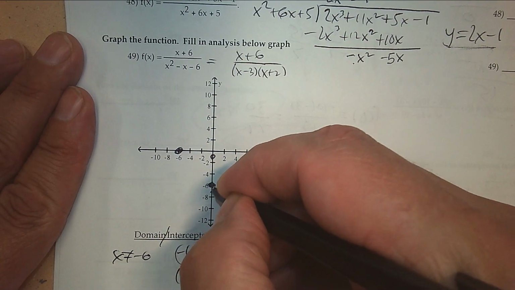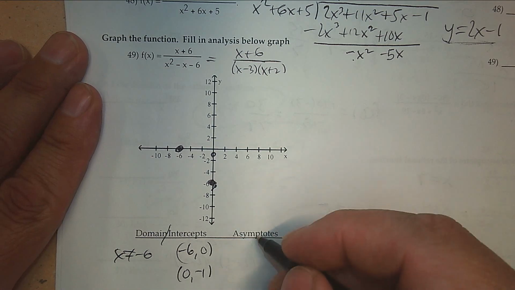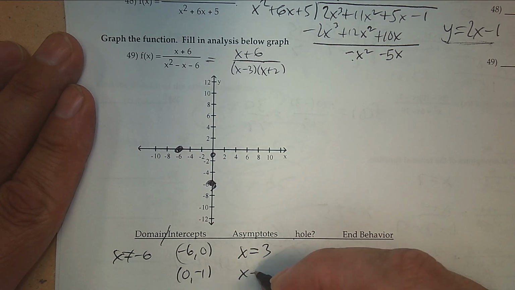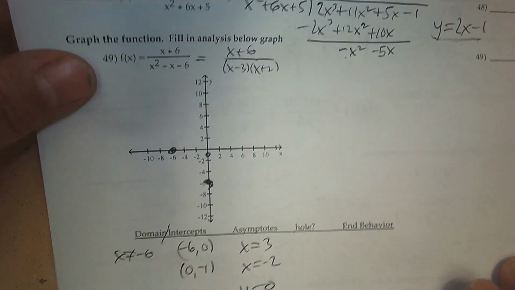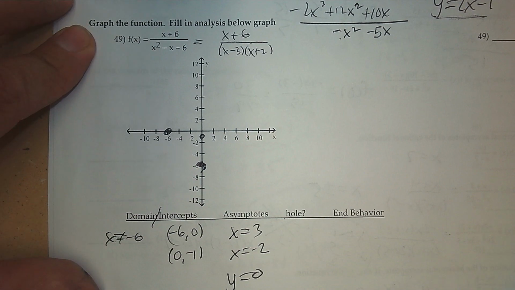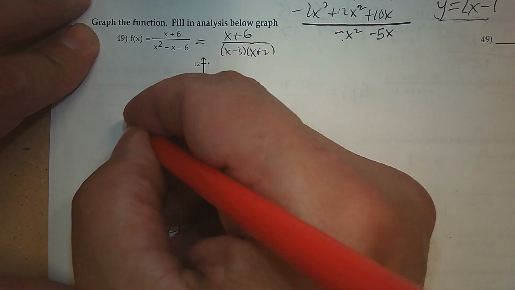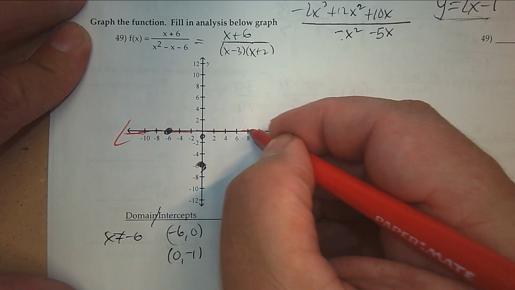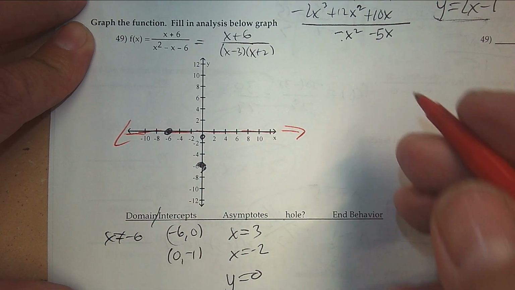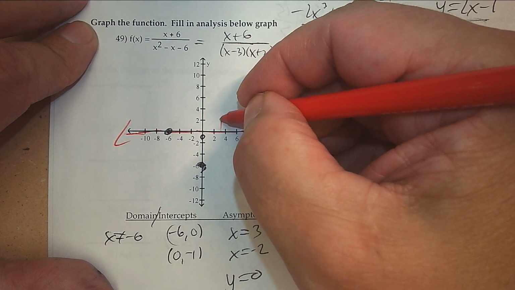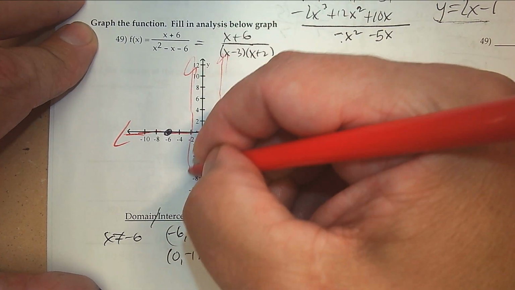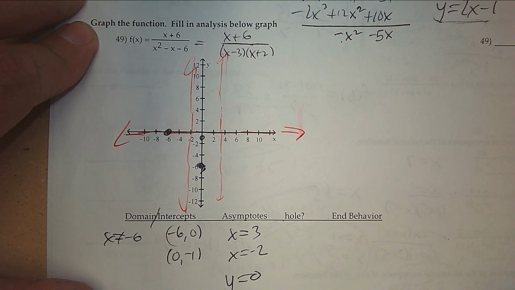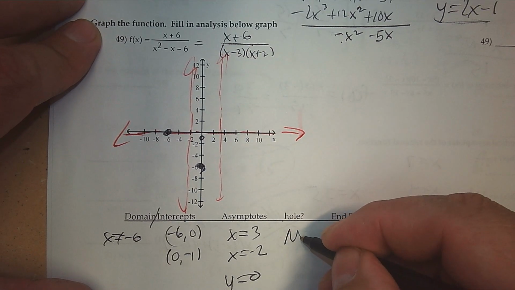Ignore that one. Asymptotes, we have one at x equals 3 and x equals negative 2. And we have horizontal at 0 because the bottom is more powerful. Is there a hole? No, because nothing's removable.